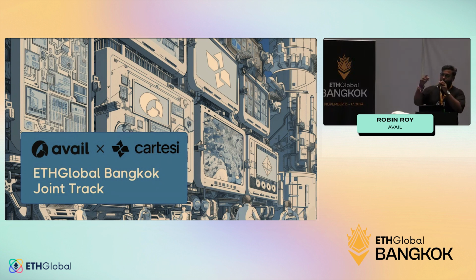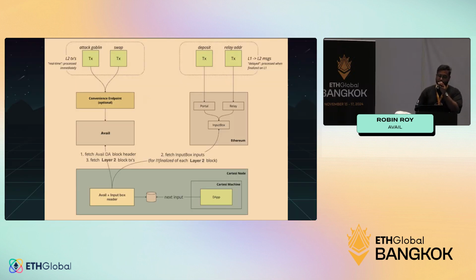That means you just have to code your application in any language that you know, like Go, Python, whatever it is, and you can just deploy. How it works is a transaction is sent to an endpoint, picked up by Avail, and sent into the Cartesi layer, and Cartesi processes it, and all of that good stuff.